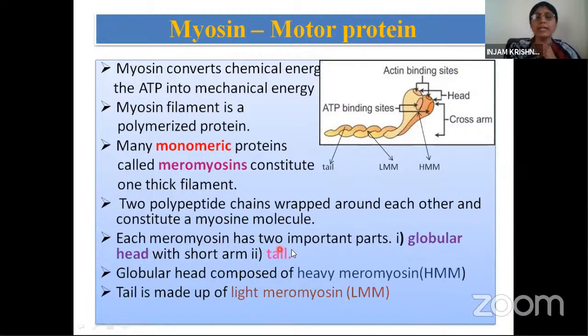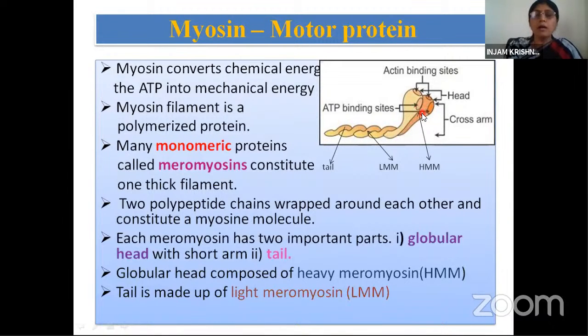Each meromyosin has two important parts. We are able to see here two important parts. It is the globular head, globular again, so round, with the short arm, and the tail. Two important parts it has.